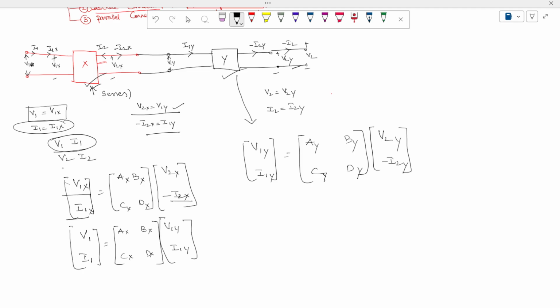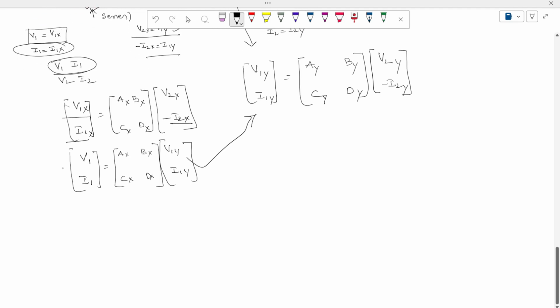But already we have the values here. So I can write V1, I1 is equal to AX, BX, CX, DX of V1Y and I1Y. Just substitute there, then you can get the answer.